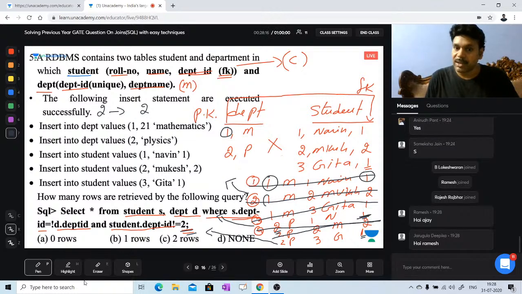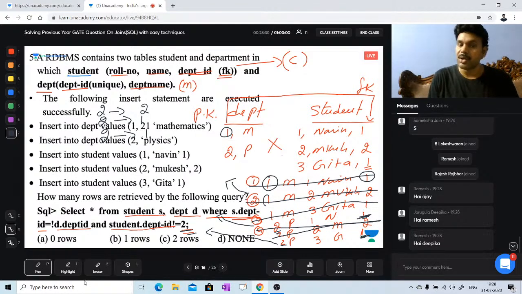Please observe carefully. 2 with 1, and the last one also 2 with 1. Clear? Now you understand. Student dot department ID not equal to 2 means you will get this and you will get this. Therefore, we are going to get 2 rows.